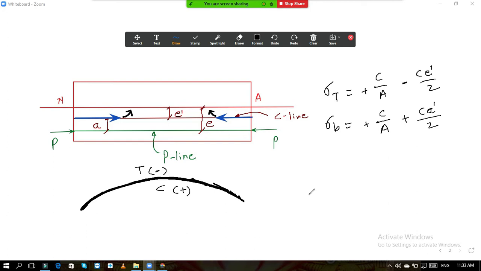A pre-stressed concrete beam. Whatever example we have already solved, we will take so that we can verify the answers.